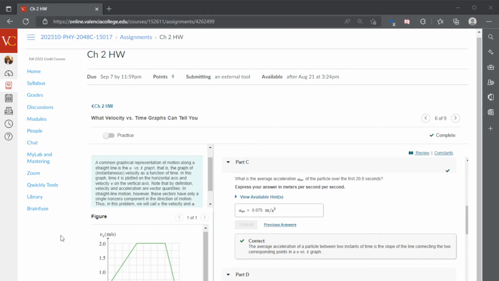Let's see here. We already know that at the end it is 2, and then 0.5 is x. So we need to find where it intersects, and it intersects at 20.